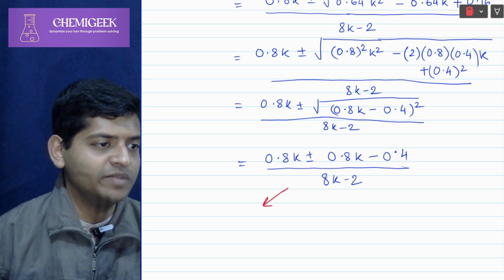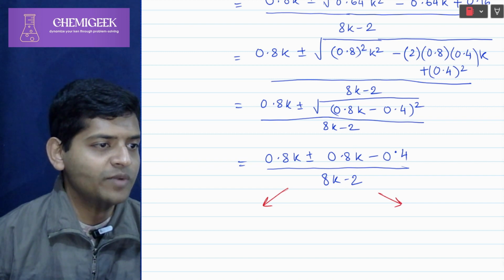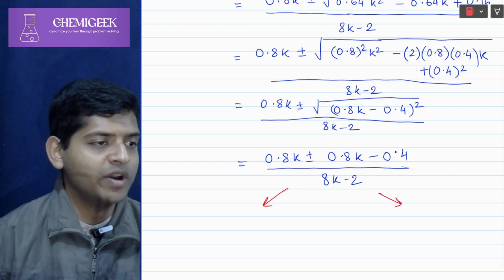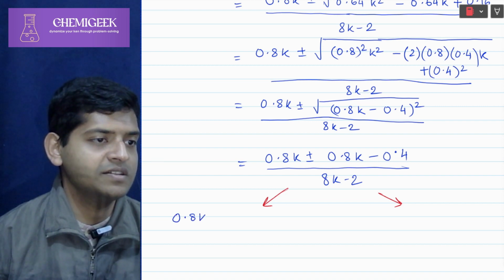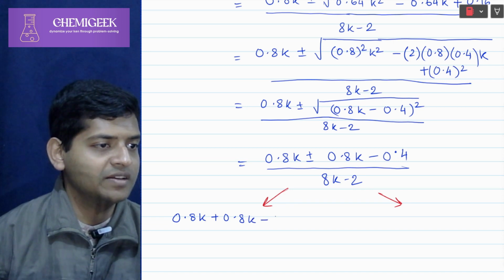Now this can have two possibilities. First possibility is when we are adding 0.8K with 0.8K minus 0.4, and another possibility will be when we will be subtracting.